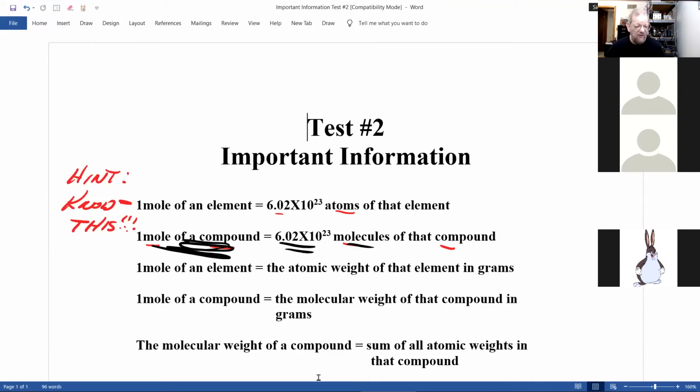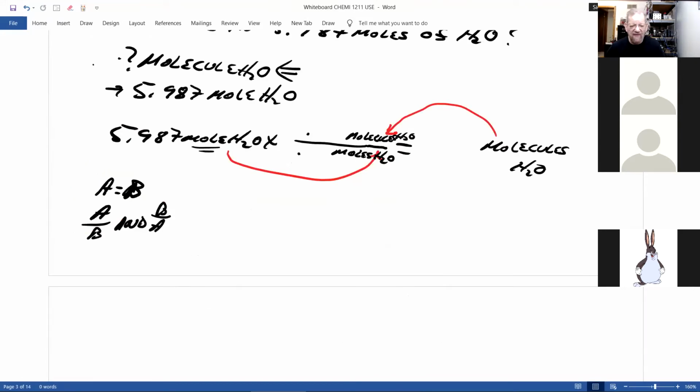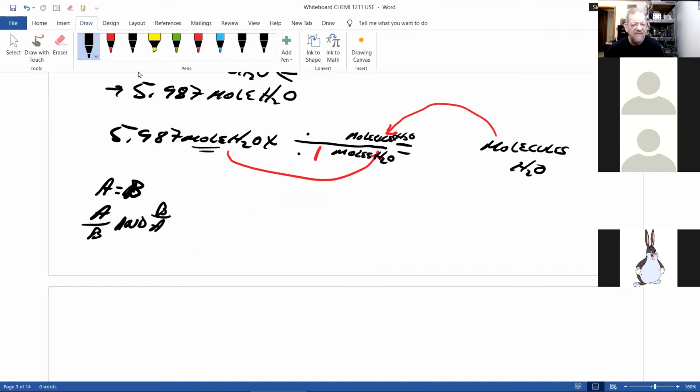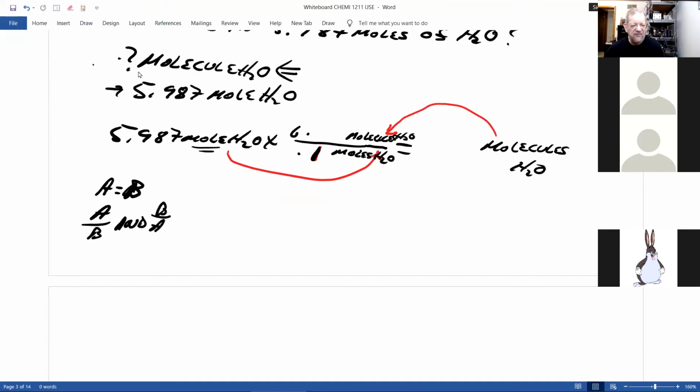So 1 mole of water equals 6.02 times 10 to the 23rd molecules of that compound. So for every 1 mole, I have 6.02 times 10 to the 23rd molecules of water.